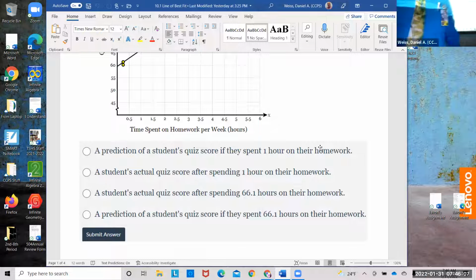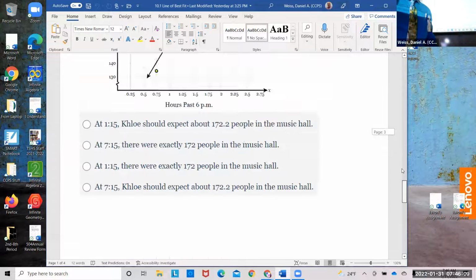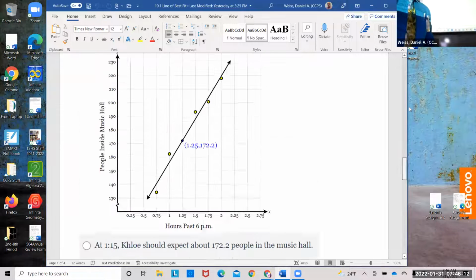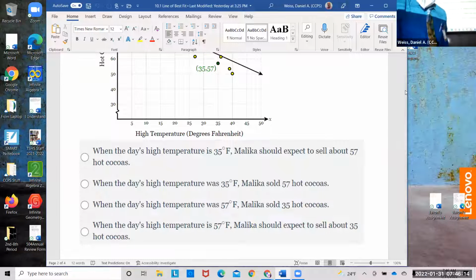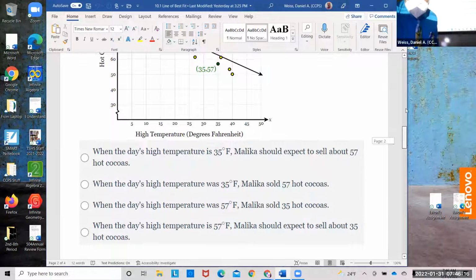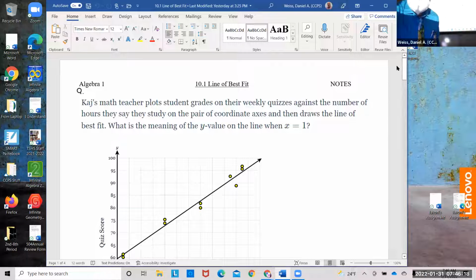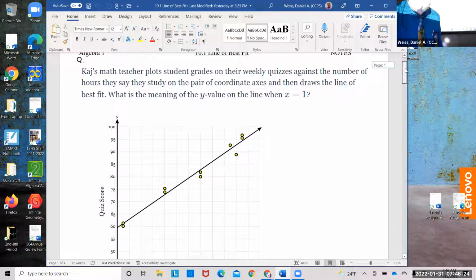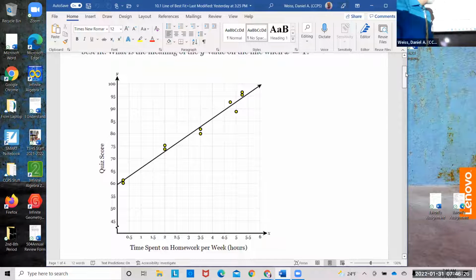this value here is based on a prediction, it's not exact.